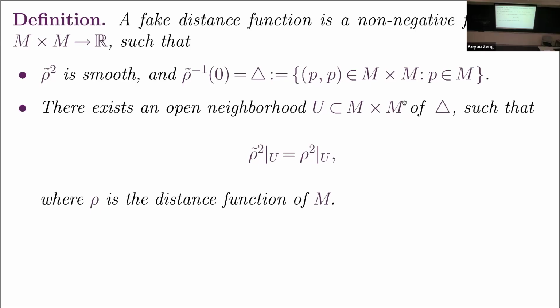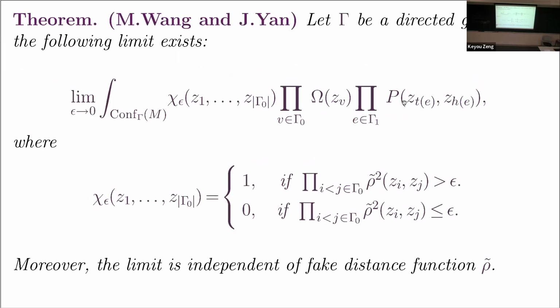Moreover, we can always find some open neighborhood of the diagonal such that the fake distance function is equal to the distance function of M. The purpose of introducing this concept is that the square of the distance function may not be a smooth function over all of M cross M, because we may have cut points, the cut locus. With this concept, we can state our theorem.